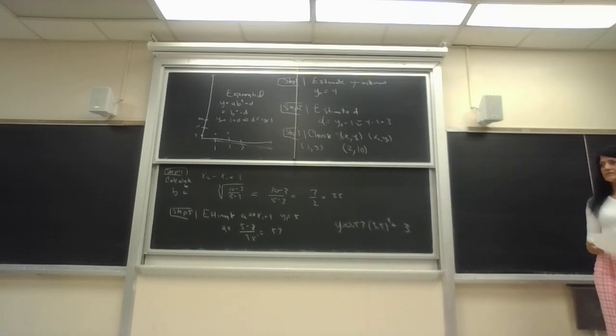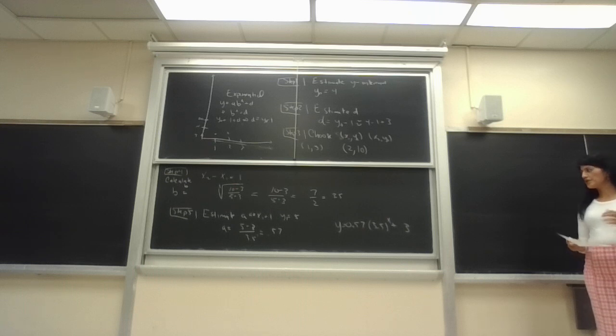I got something close. You should have something close. I got y equals 6.1 times, and then I got like 1.6 for my b, and I just assumed that d was 0.